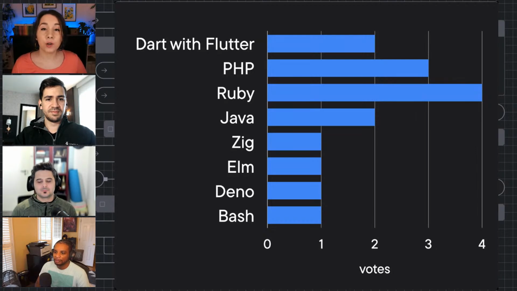And so we had a lot of votes for Ruby, a few for PHP, Dart with Flutter, recommended by a couple of people, Java, and then Zig, Elm, Deno, and Bash, all, in their varying forms, whether they're entirely languages or not. Those all just have one vote each, but all interesting options.